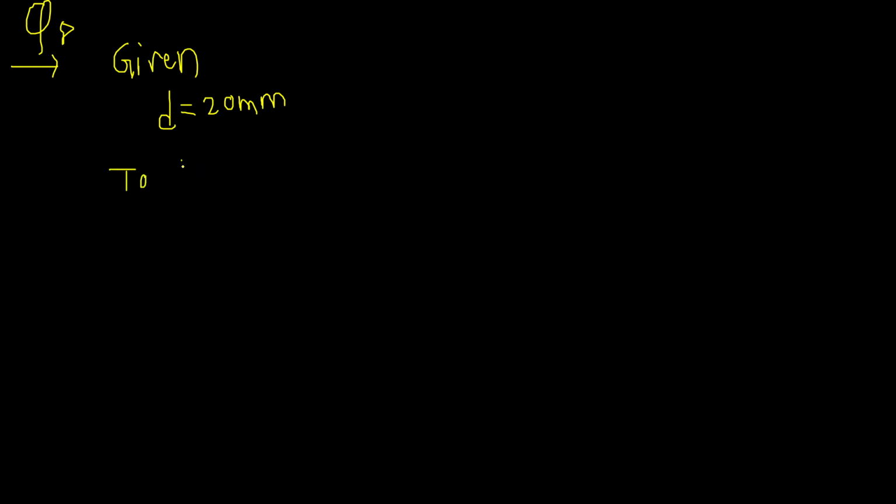So what we have to find here? We have to find the eccentricity. Eccentricity कशाने denote करतो आपण? E. So we have to find this E value. And what is given to us?